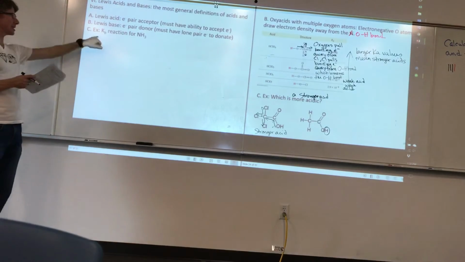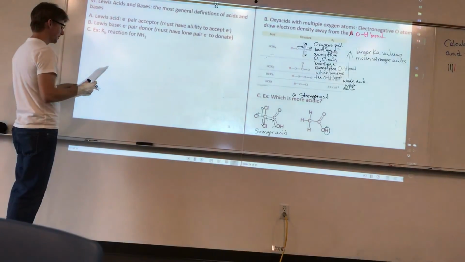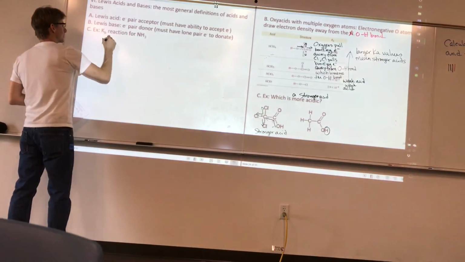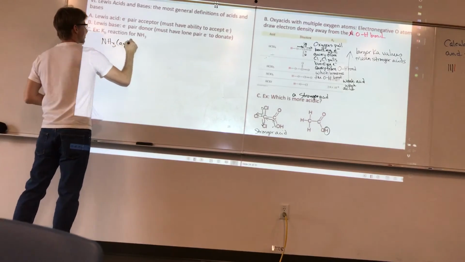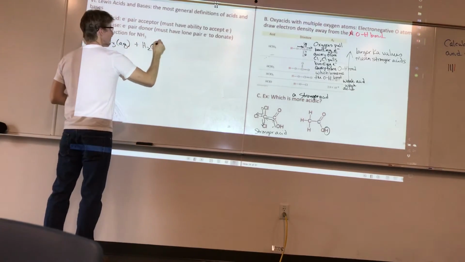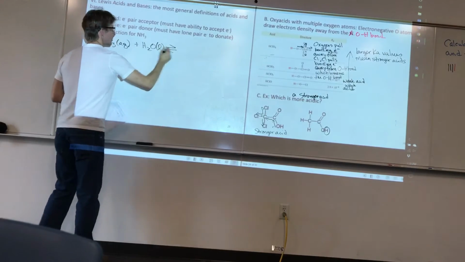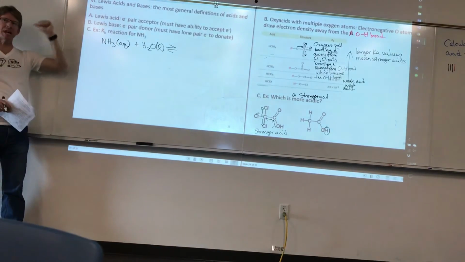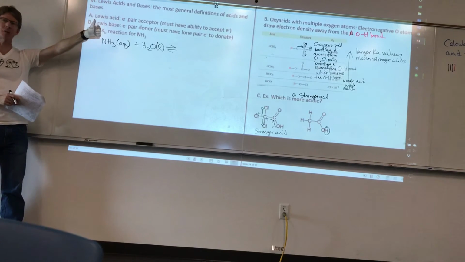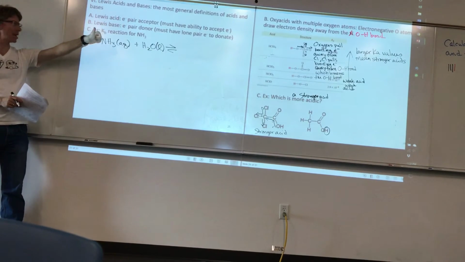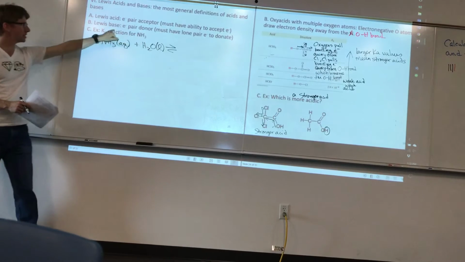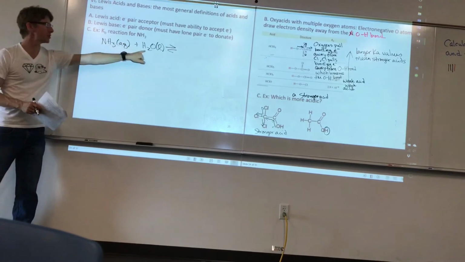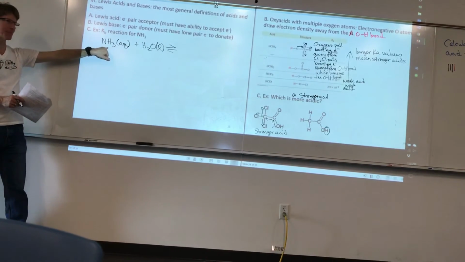Now, let's revisit the Kb reaction for ammonia. And we've had in this chapter already Bronsted-Lowry theory of acids and bases. Bronsted-Lowry theory says that in H plus a proton moves from H2O to NH3.